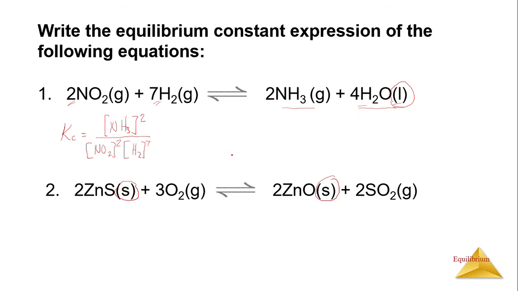Pero may ibang solution kasi kapag sinusulat natin siya in Kp, at i-consider din natin yung temperature kapag Kp ang pinag-uusapan. So for now, Kc muna tayo. Okay. So number 2, we have Kc is equal to, product muna tayo.